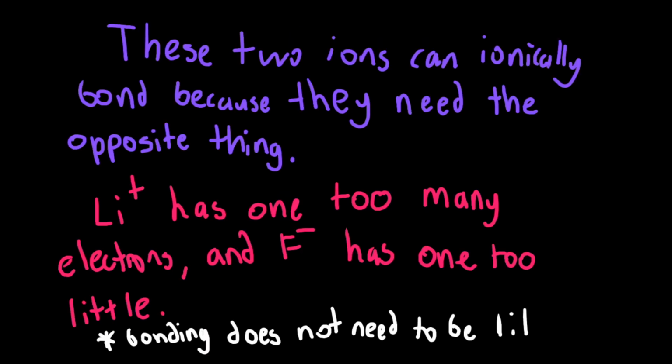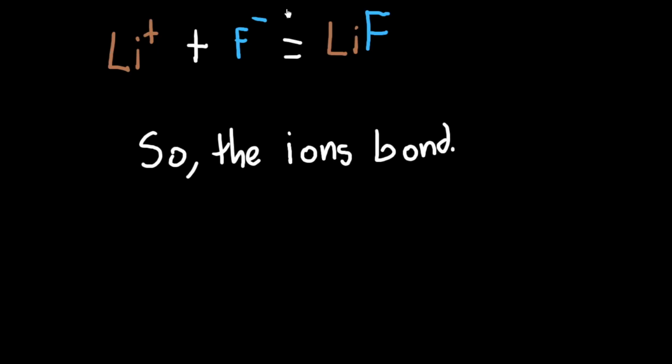And these two ions can ionically bond because they basically need the opposite thing of each other. Li plus has 1 too many electrons, and F minus has 1 too few. And one more thing, bonding doesn't need to be 1 to 1. So say lithium needed to lose 2 electrons, and fluorine needed to gain 1. They could still bond, but it would just be a little different, and I'll get into that in the next video, but not today.